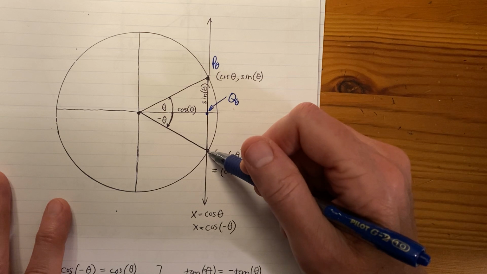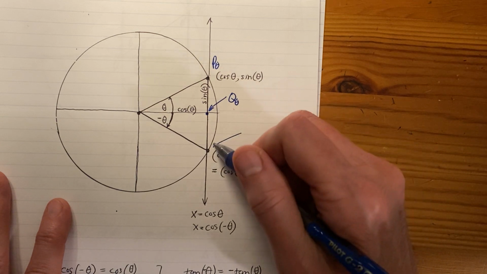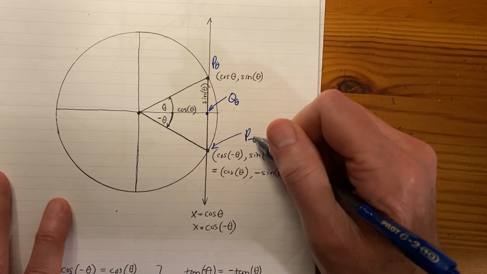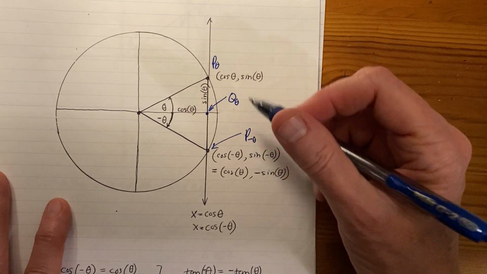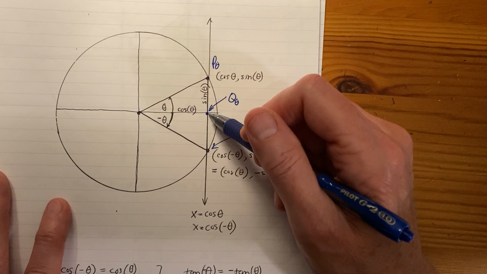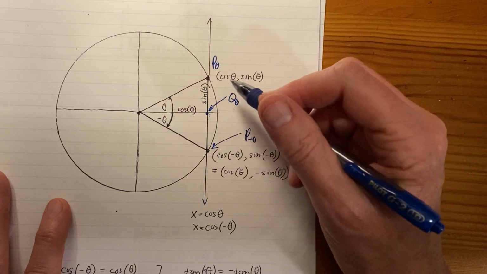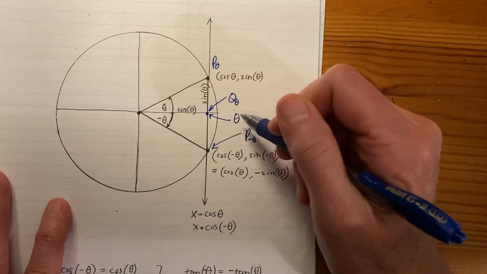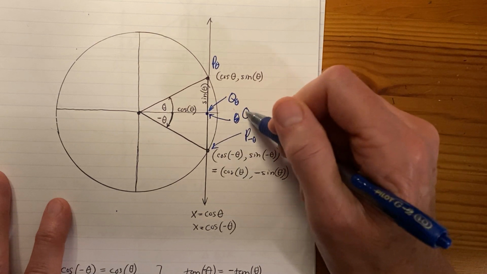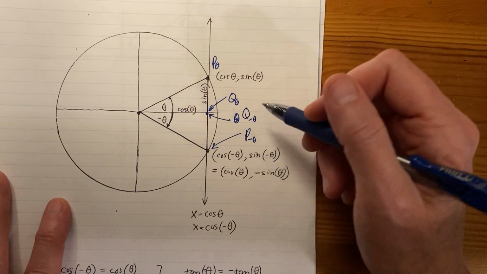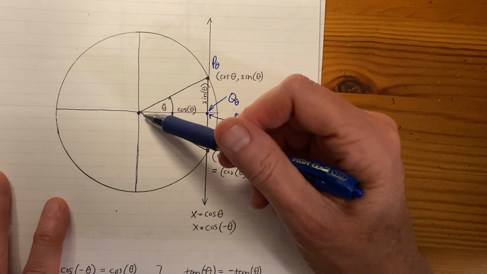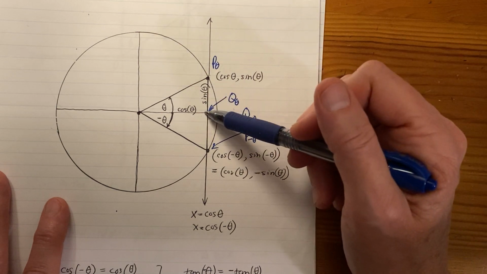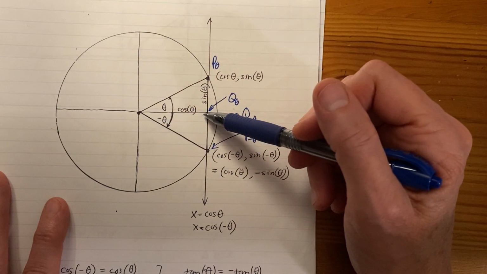But on the other hand, this is the point p sub opposite of theta. And if you project up to the x-axis, that point is also called q sub opposite of theta. So the lengths from O to Q or O to the opposite Q are exactly the same.